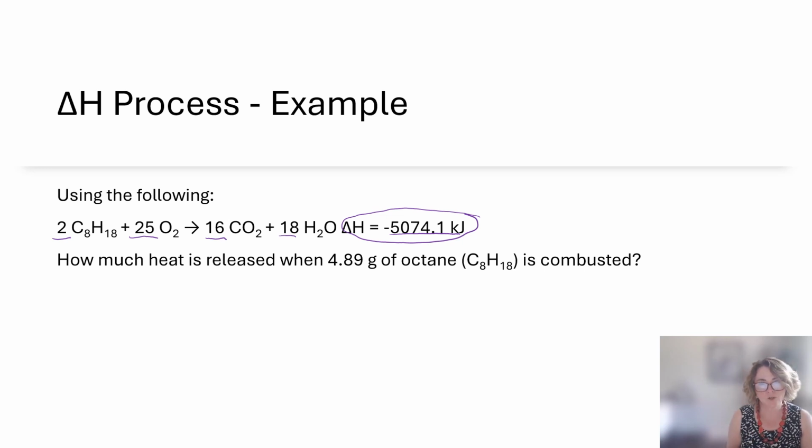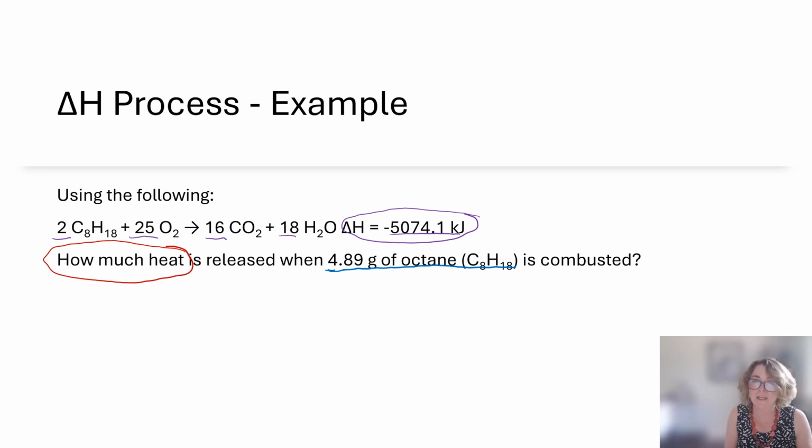Looking at your mole map, what I'm going to be asking for here is how much heat is released when 4.89 grams of octane is combusted. So I am telling you that we are burning 4.89 grams of octane, and the question I want to answer is how much heat is released.